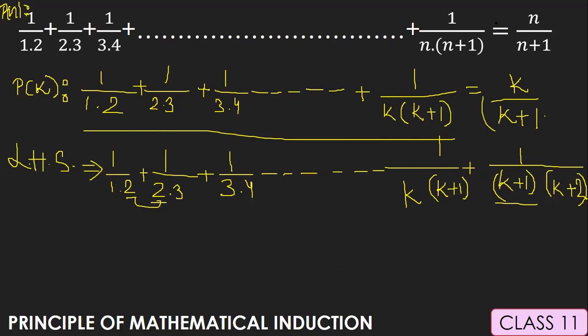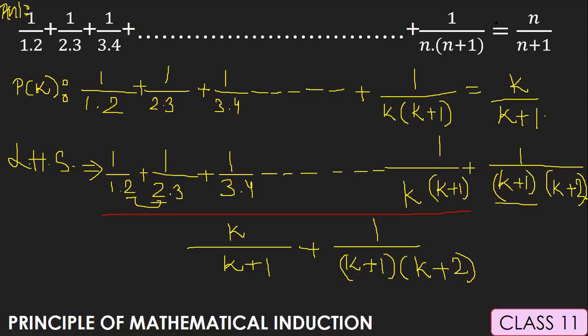So after replacing this whole part with k upon k plus 1, because already we know the value of this statement is k upon k plus 1, we have k upon k plus 1 plus the last fraction, which is 1 upon k plus 1 into k plus 2.